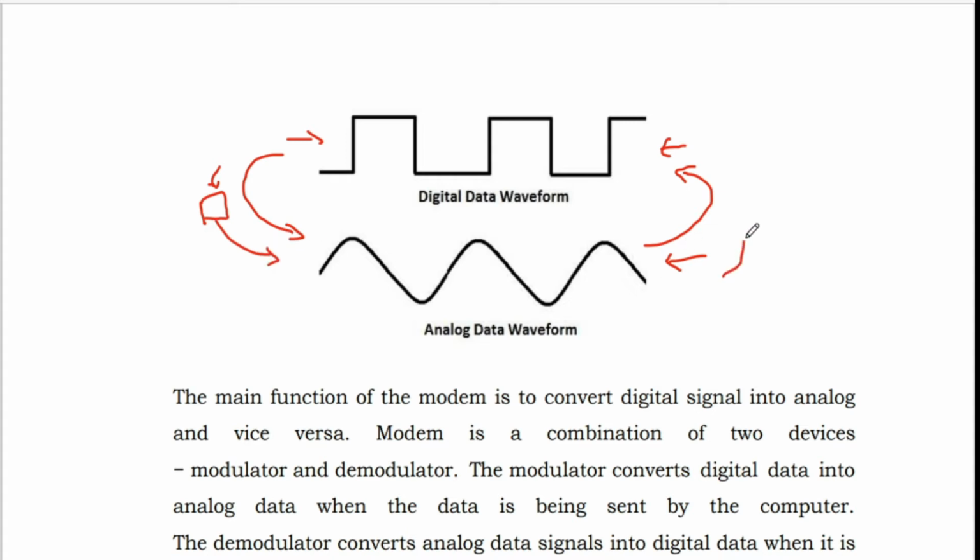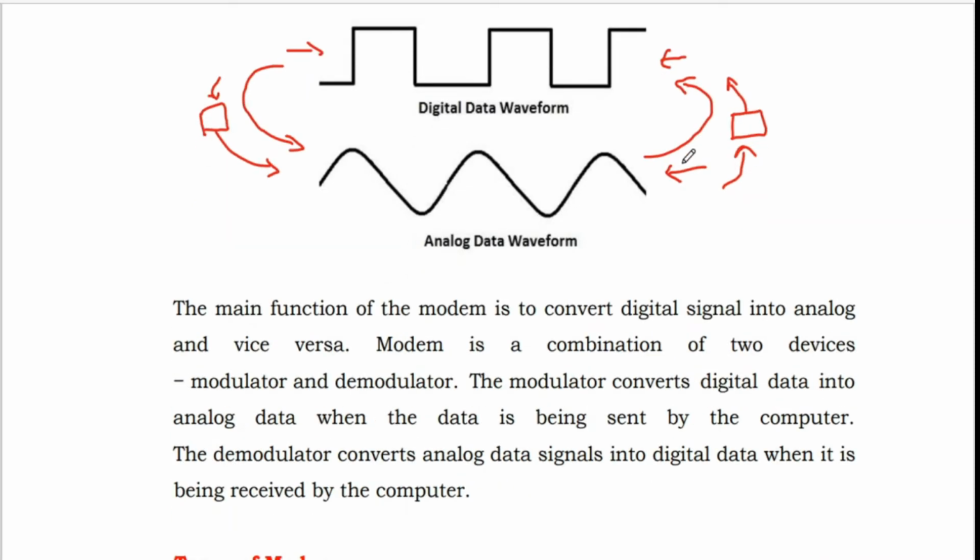Once the outside world transfers data, the modem receives it in analog form, converts it into zeros and ones, and sends that digital information to your computer. That is what the modem is.